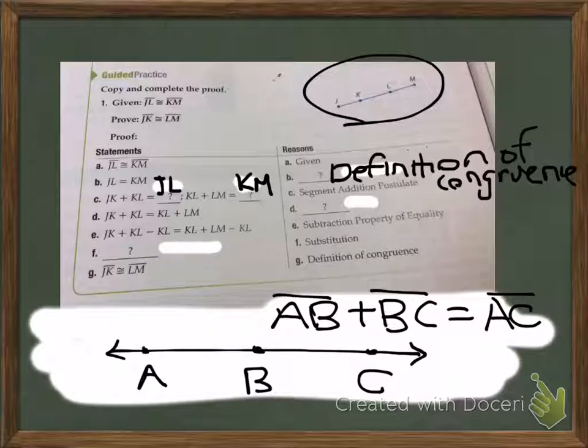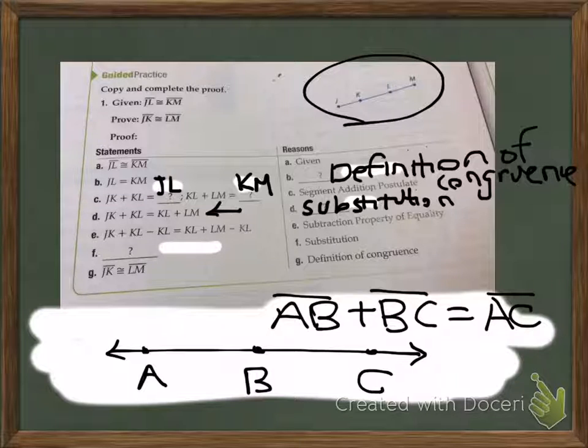All that did is take out the JL and KM and make JK plus KL equal to KL plus LM right here. So if all we did was replace something, this is going to be using substitution.